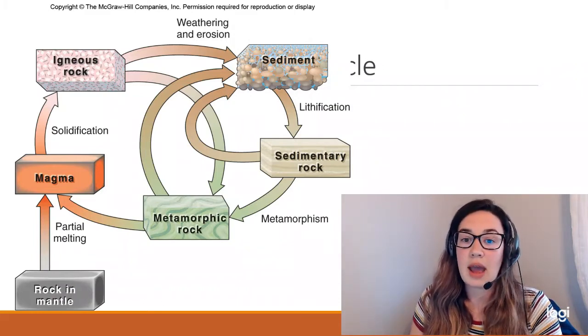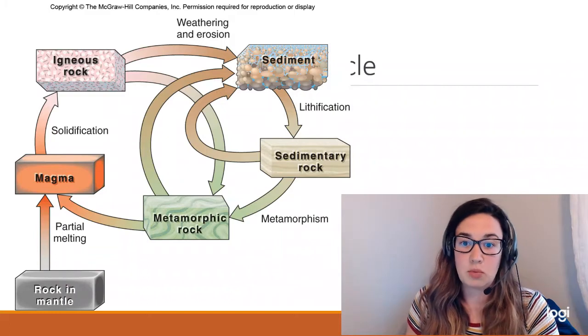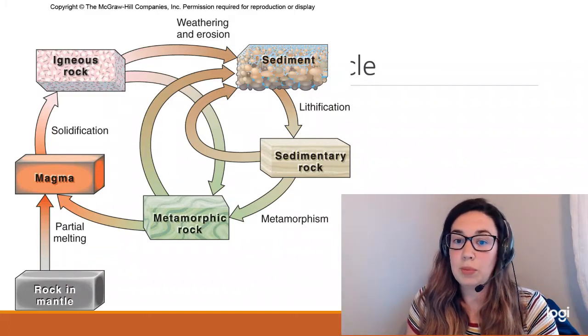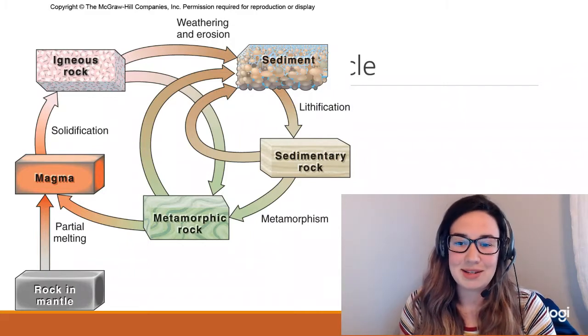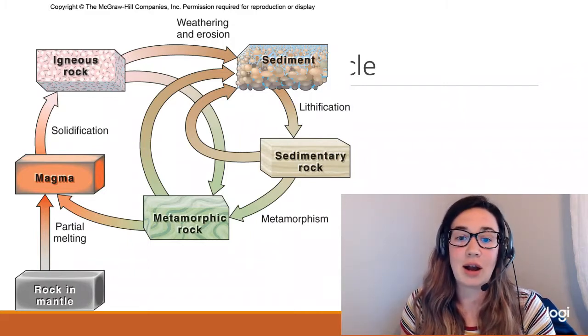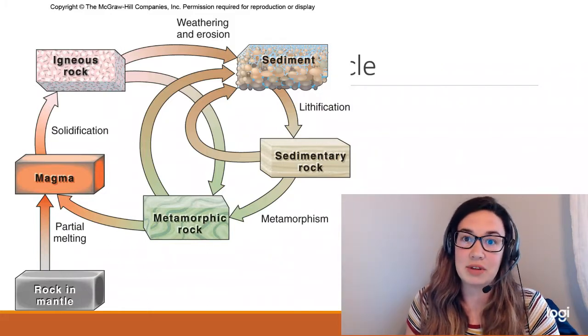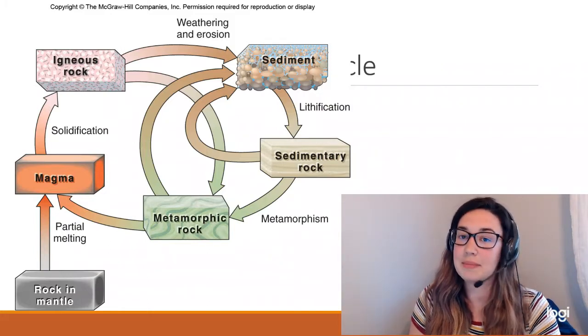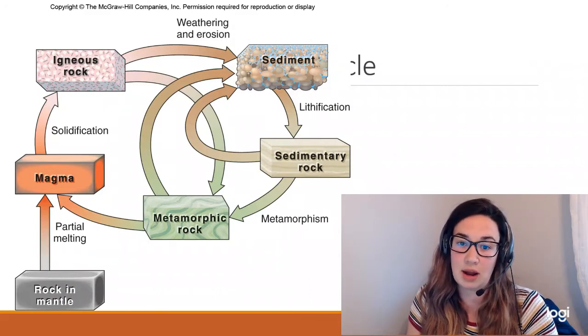If we look at our sedimentary rock, that can become metamorphic rock through metamorphism, which can change through heat or pressure. Our sedimentary rock can also change back to sediment and then become sedimentary rock again, which is interesting because, I mean, obviously it can erode over time and become small particles and then become sedimentary rock.